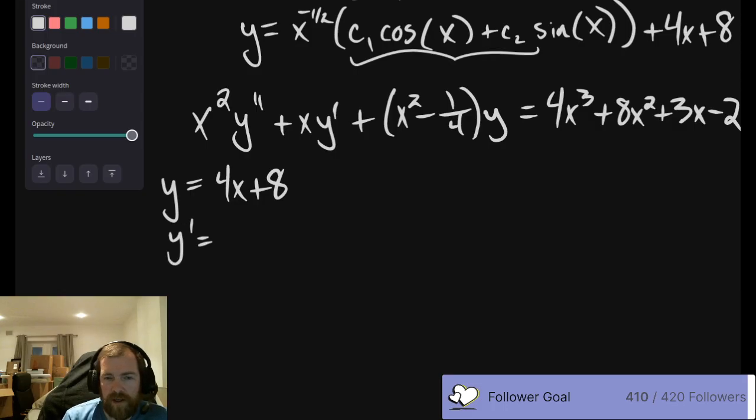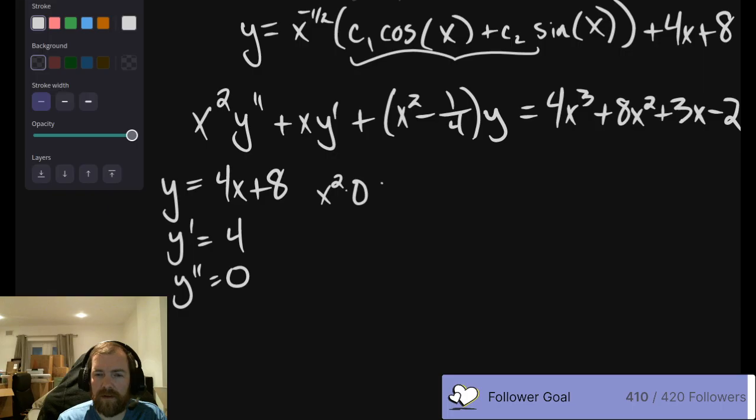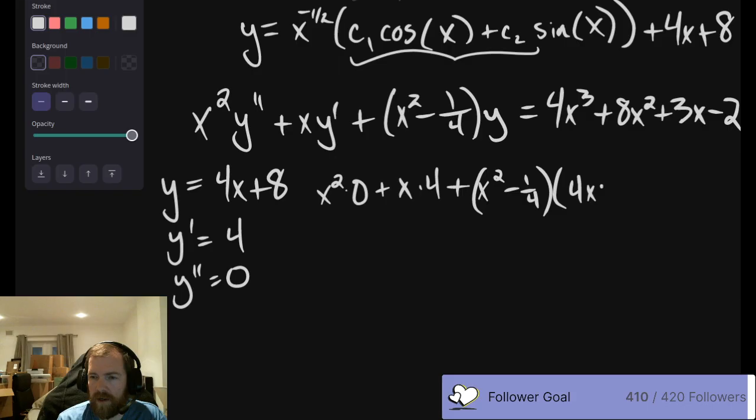So if we say y prime is going to be 4, y double prime is going to be 0, then our equation becomes x squared times 0 plus x times 4 plus x squared minus a quarter times 4x plus 8.